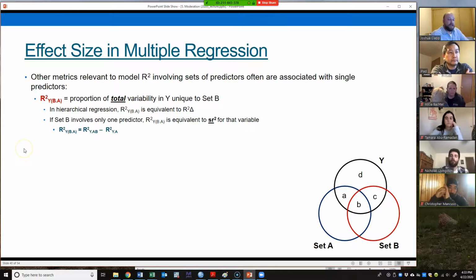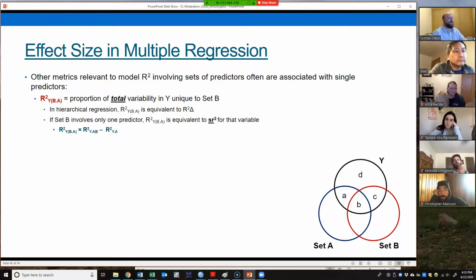What we can also do is take some of the metrics that we associate with a single variable and extend those onto our total R squared value. So if I've got the notation R squared Y parentheses B given A, this is going to be the proportion of total variability in my outcome that's unique to set B. If we're working with a hierarchical model, this is equivalent to my R squared change.